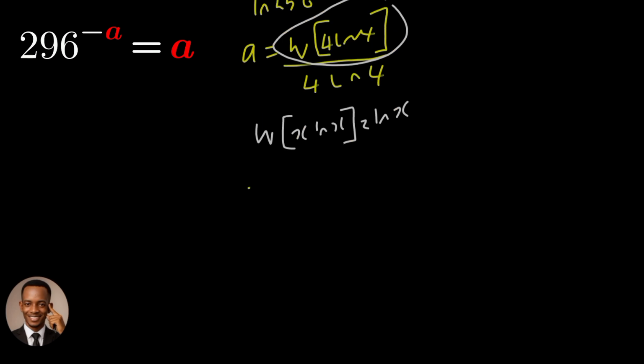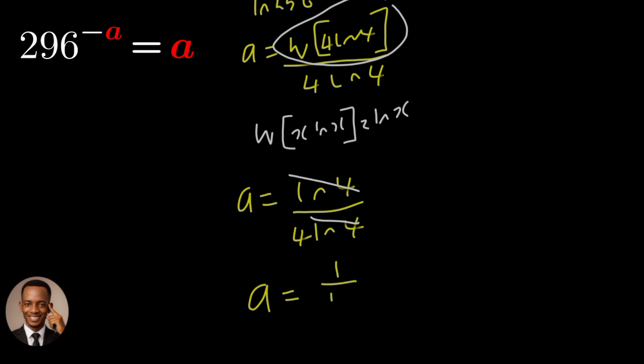So therefore a would equal the W function of this, which will give us ln 4 all over 4 ln 4. Then we can say ln 4 cancels ln 4. Then we'll have a equals 1 over 4.